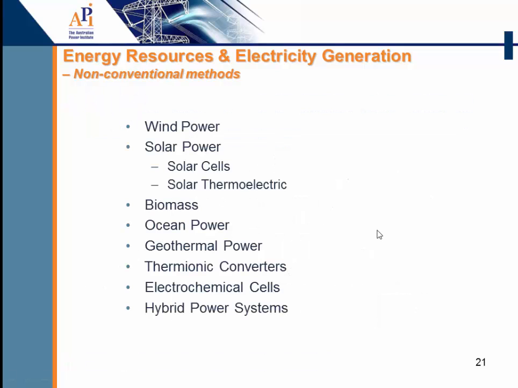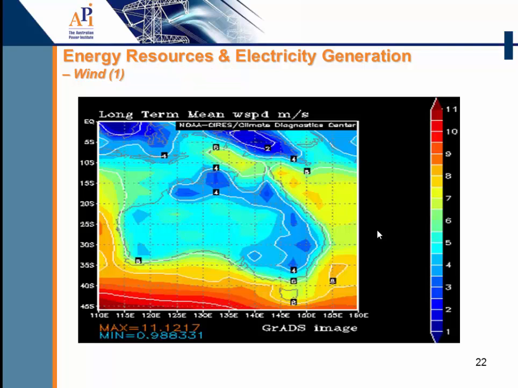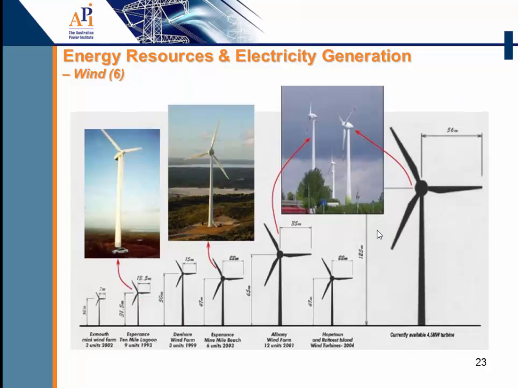For non-conventional alternative energy, for example, wind. In Australia, there's a lot of potential for wind energy. There are different types: onshore, offshore wind turbines, different sizes for different power. In the coming weeks, we're going to go into more detail about the design of each renewable energy source.